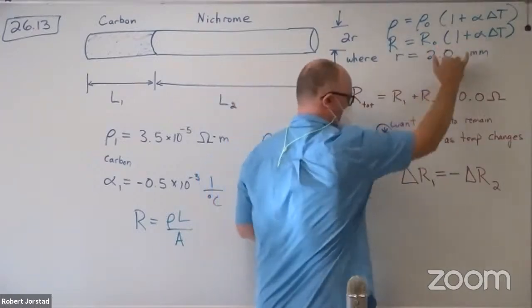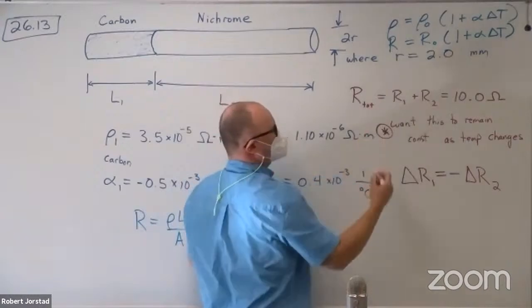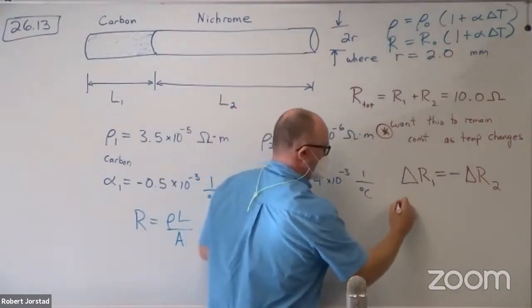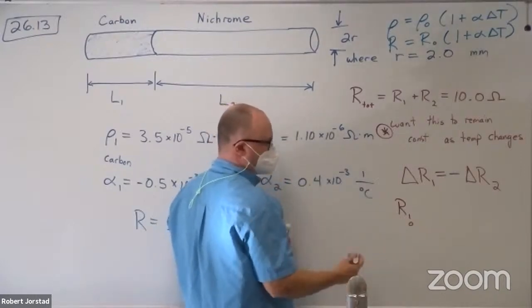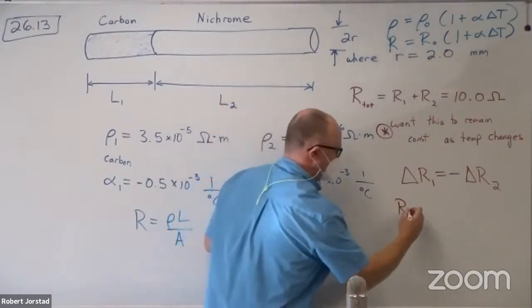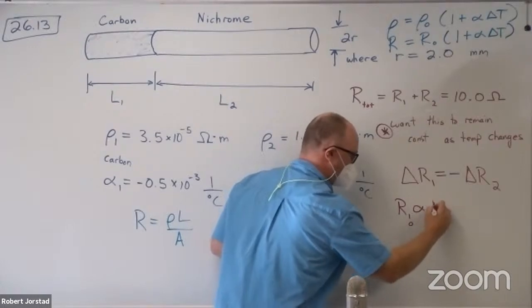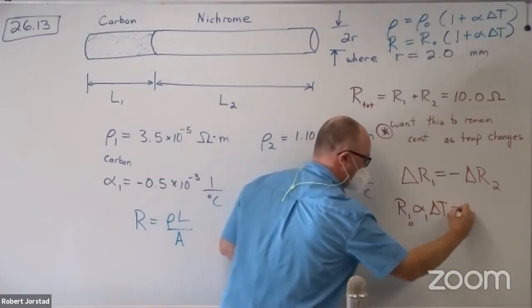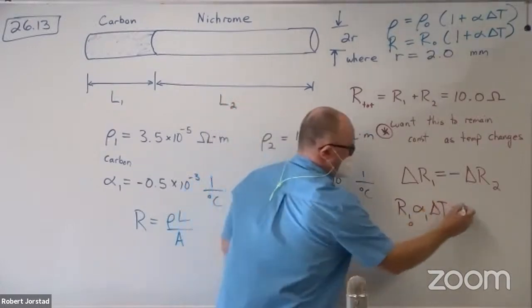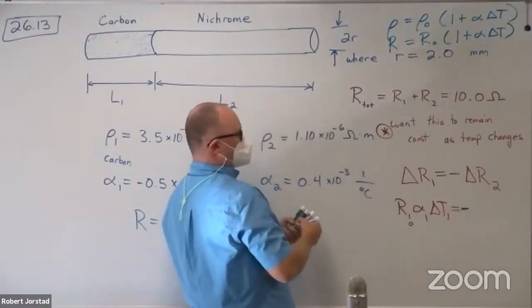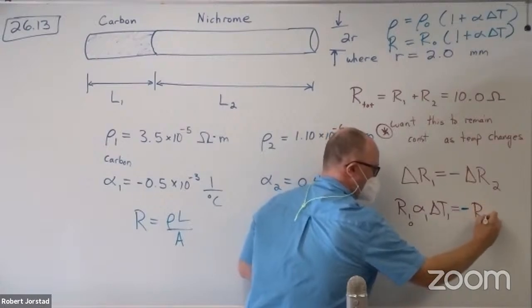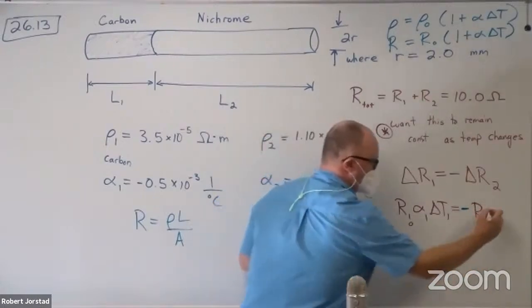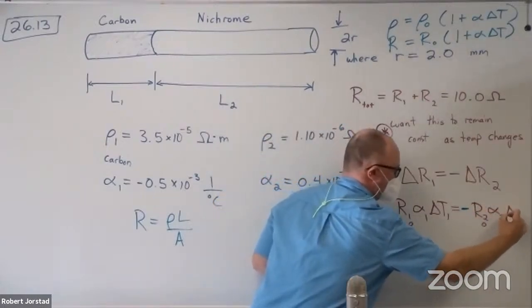The second term is the change. So what you just said is R1 subscript 0 alpha 1 delta T1 should equal negative of R2 subscript 0 alpha 2 delta T2.